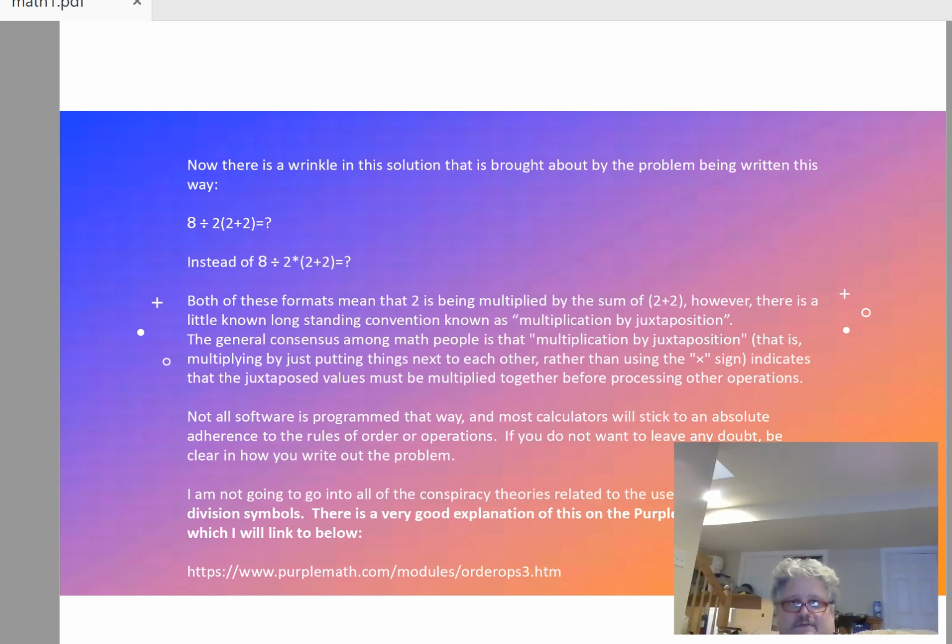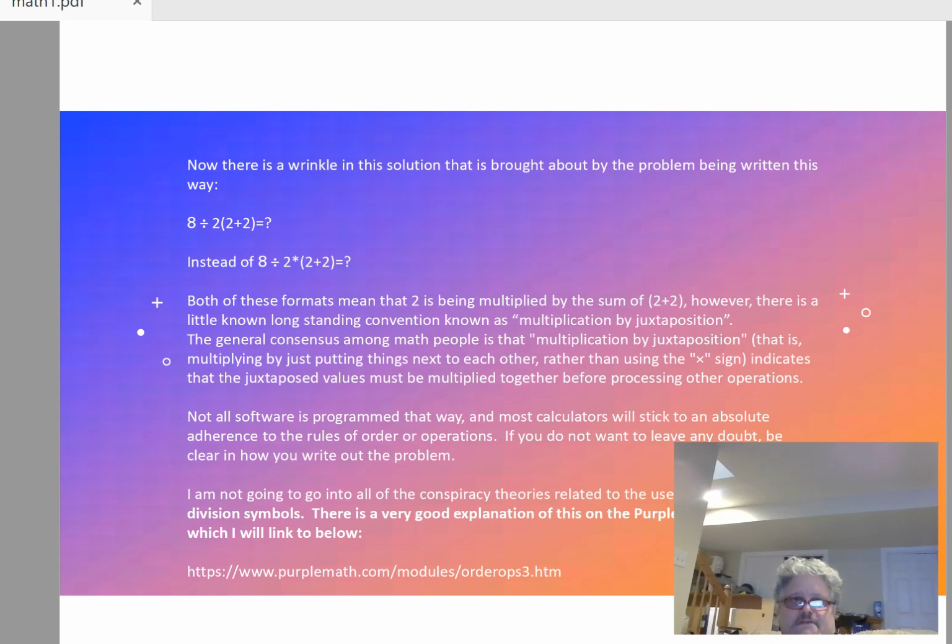They don't follow this multiplication by juxtaposition. So if you don't want to leave any doubt, I'd be a little bit more clear in how you write out the problem. Maybe include the times symbol just to avoid those people that are going to bring up this whole concept of multiplication by juxtaposition.